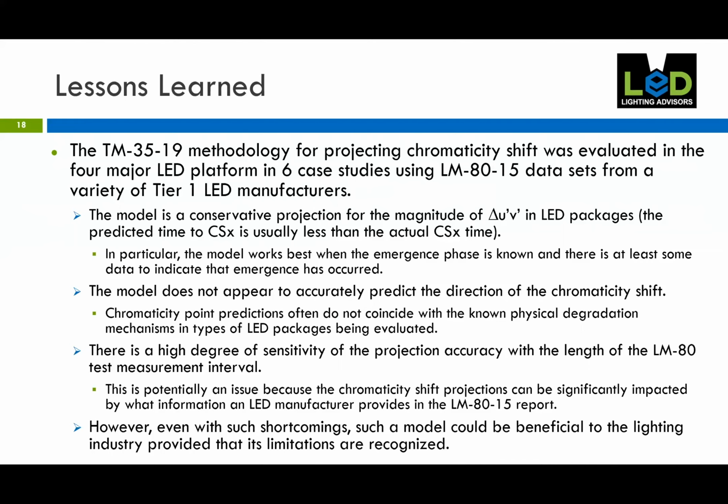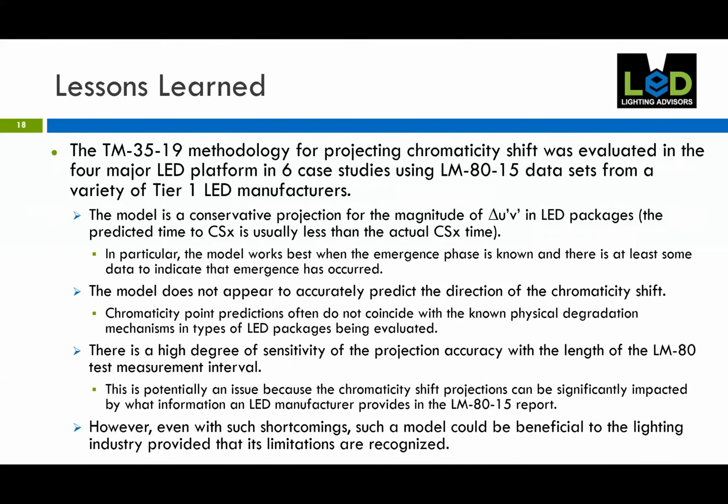When we are pre-emergence, we see that the color shift projections and often the magnitude can be inaccurate. The model doesn't appear to accurately predict the direction of chromaticity shift for most of these packages. The chromaticity point predictions do not coincide with the known physical degradation mechanisms of the types of LED packages being evaluated.